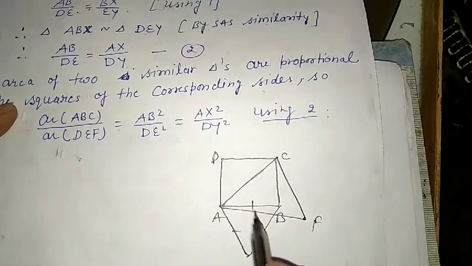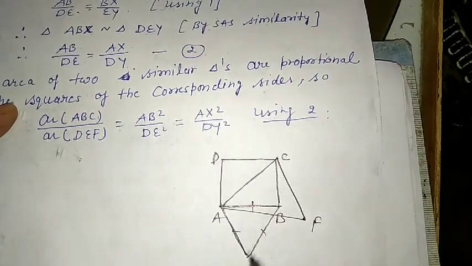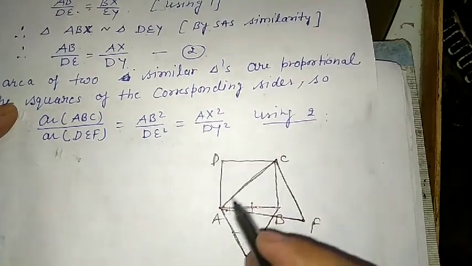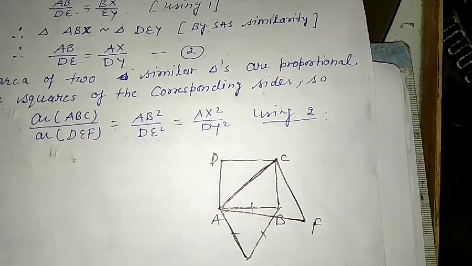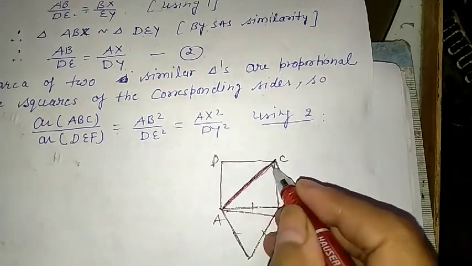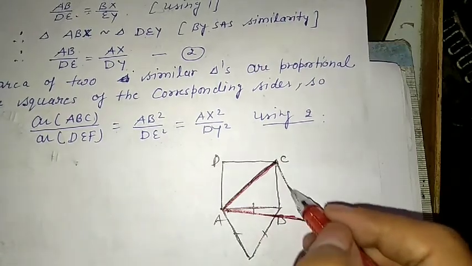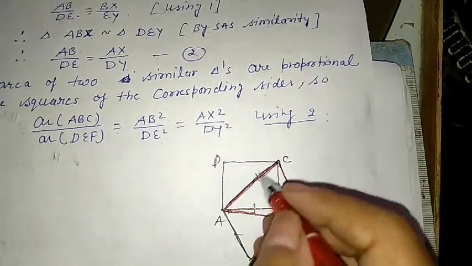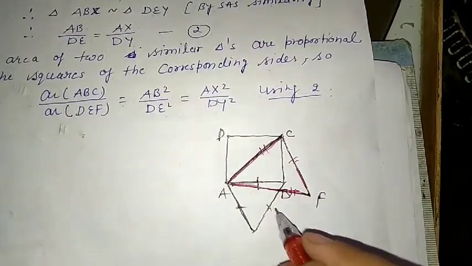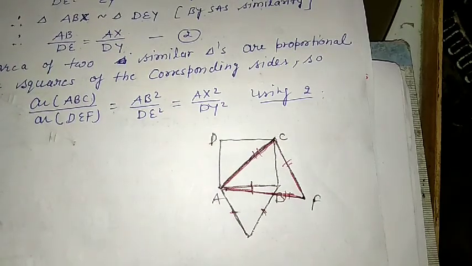This is the one triangle on the side, and this is the equilateral triangle on the diagonal. So all these sides are equal, and these sides are equal. Two triangles are here that we are having.